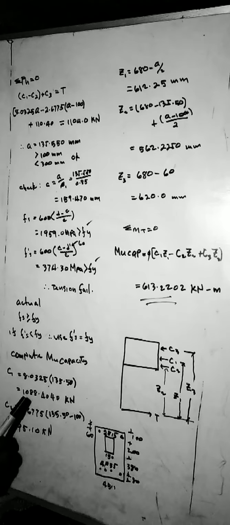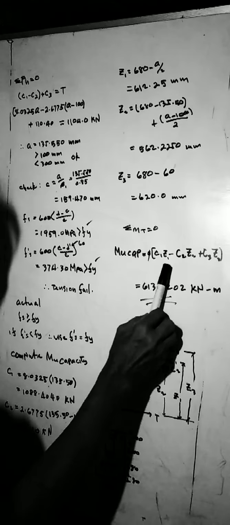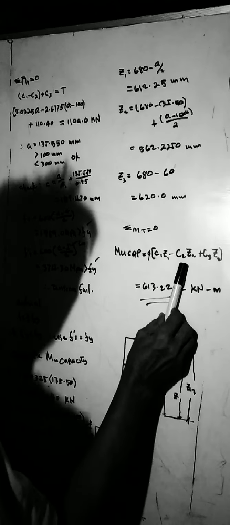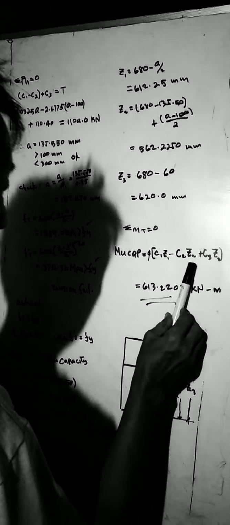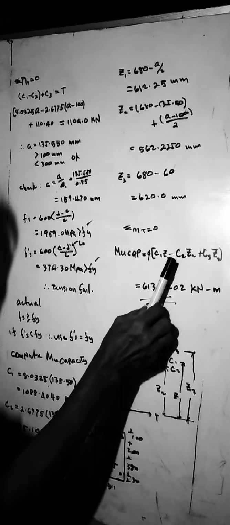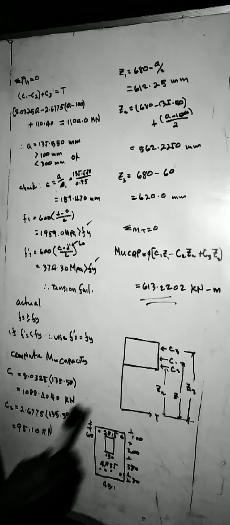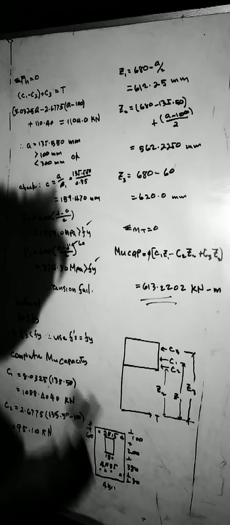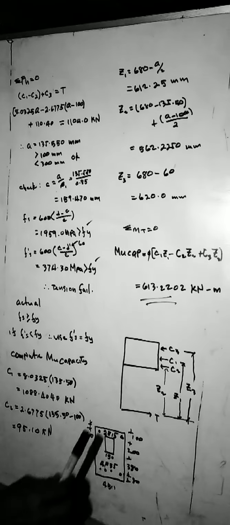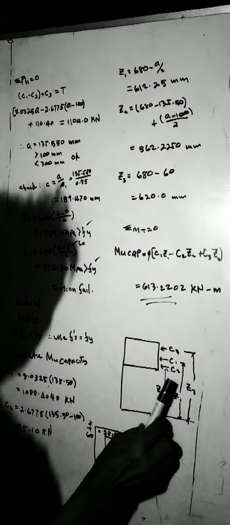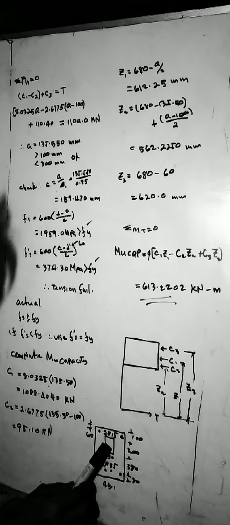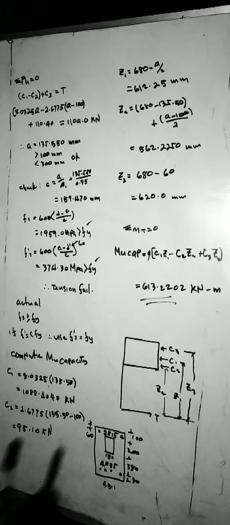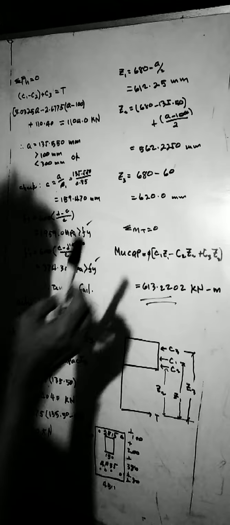C1 is this value, Z1 is this value, times that, minus C2 Z2. C2 here is this 95 point. Z2 here is this one. Why minus? Because C2 here is the area of the void or the blank area. That's why we subtract.